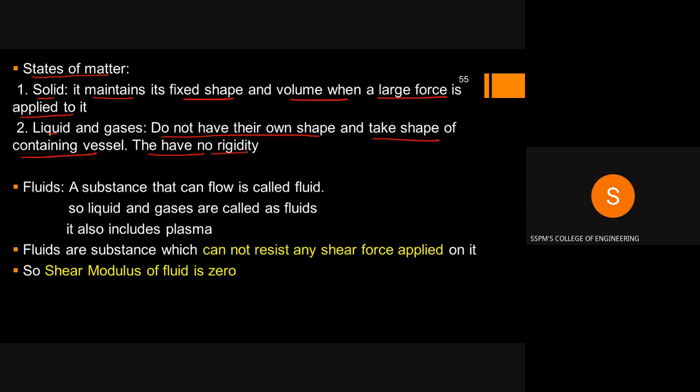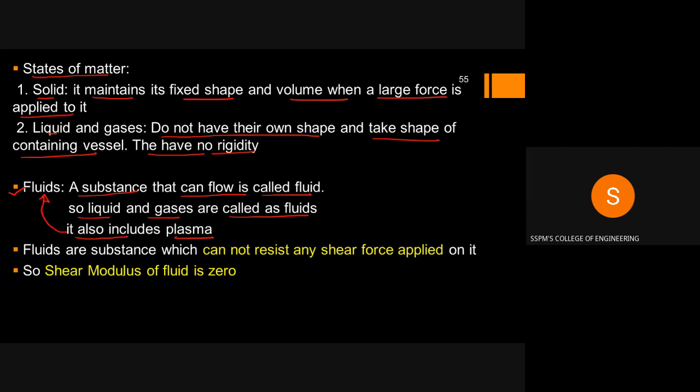They have no rigidity. Now, fluid is defined as a substance that can flow. So all liquids and gases are referred to as fluids. And the fourth state of matter, plasma, is also included in fluids.